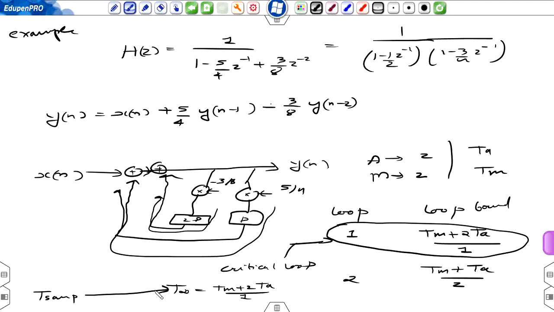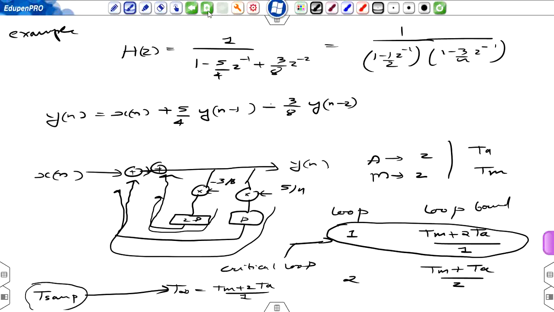Okay, now suppose I want to increase the sampling rate further. For this, T sampling needs to be reduced, and for this the first loop should be eliminated. So this term 5 by 4 Z inverse should be eliminated from the transfer function.